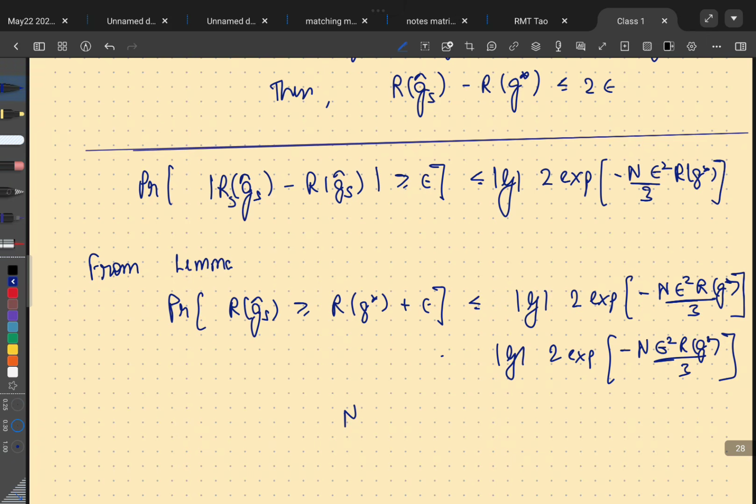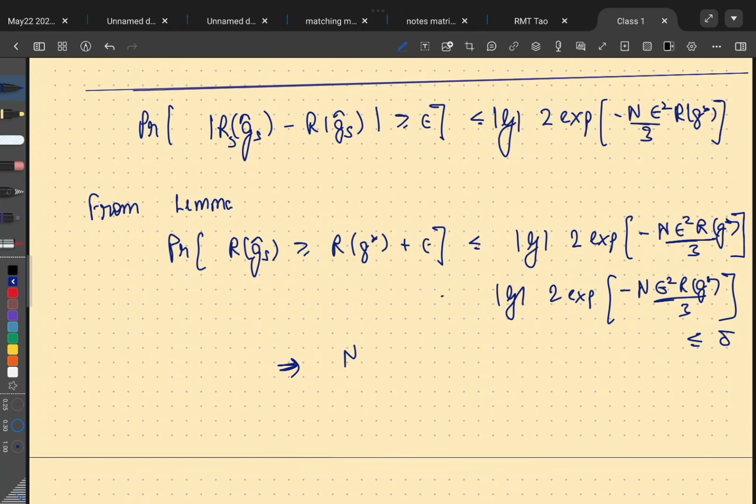So if I want this RHS to be less than or equal to delta, then n has to be greater than or equal to log of size of G by delta, times 3 by epsilon square, R of g star, just by rearranging terms.